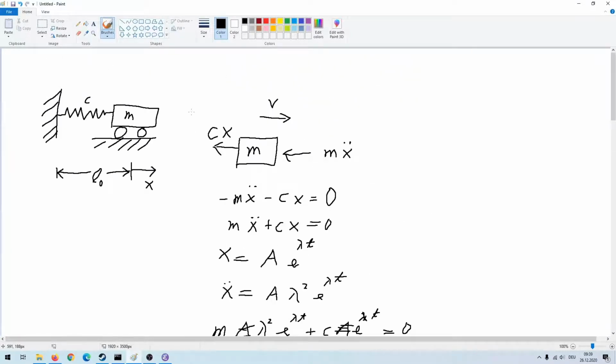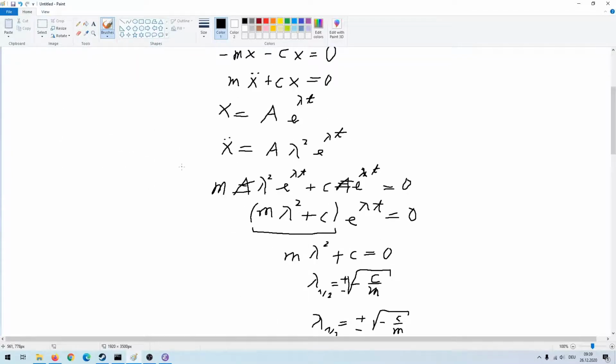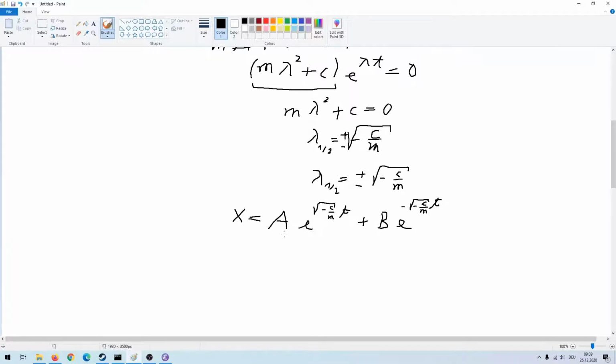So for example, if we know, okay, at time 0 we are at x1 and we have velocity 0, we can then compute A and B, and we will have a complete solution for our system for this specific initial state.